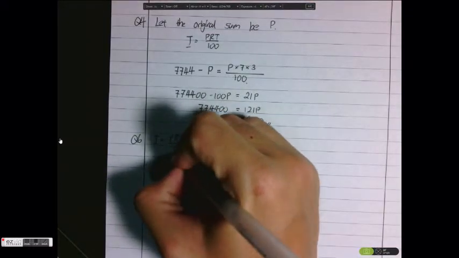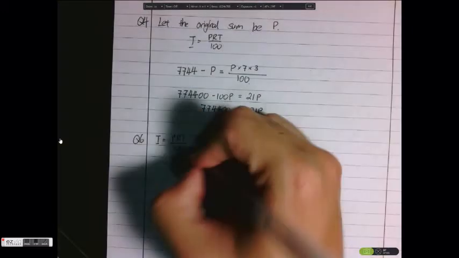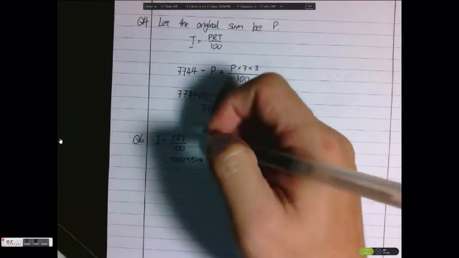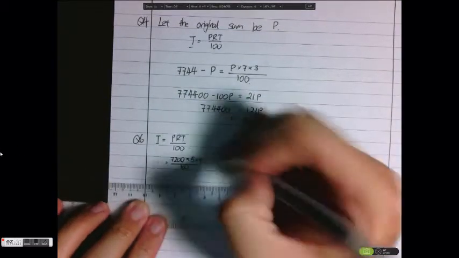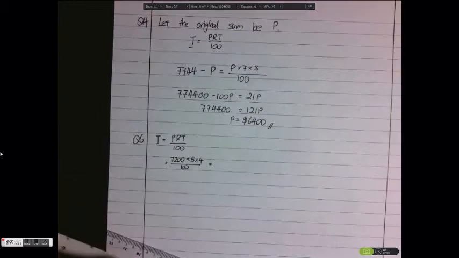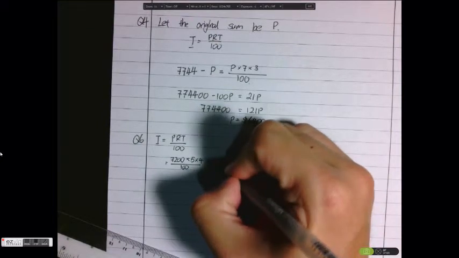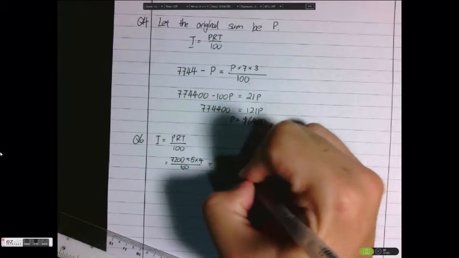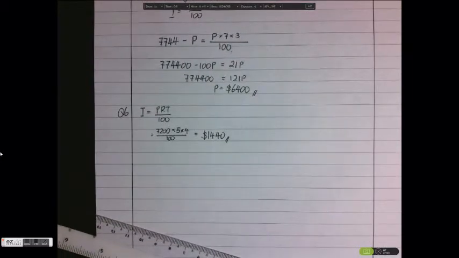The P is 7,200, my R is 5, my T is 4 years, divided by 100. If you key all the values into the calculator, your simple interest is simply $1,440. That is if the amount was computed via simple interest.